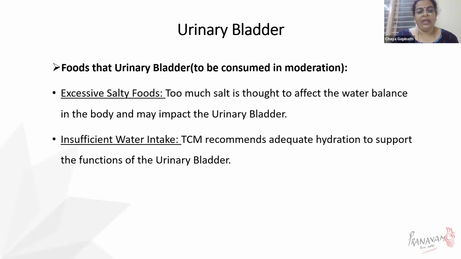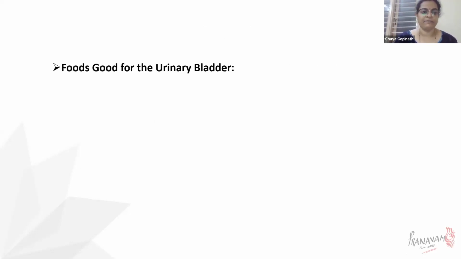Insufficient water intake is also not good for your urinary bladder. If you're not taking enough water, your urinary tract will become dry and it will start harboring all kinds of bacteria, fungi, viruses, and other things. You will start having UTIs. So sufficient water is essential.